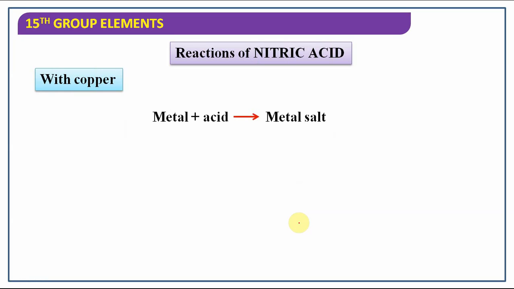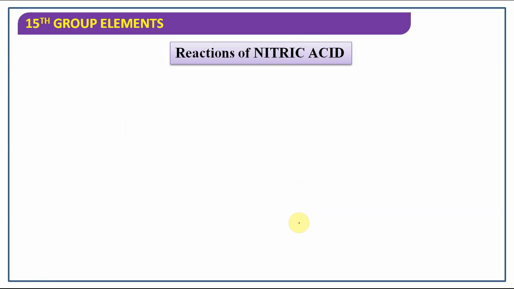So especially when we talk about reactions of nitric acid with metals, generally there are different sets of reactions we have. But before discussing metals, I'll be talking about oxidizing reactions here. As I told you, HNO3 can act as a strong oxidizing agent.